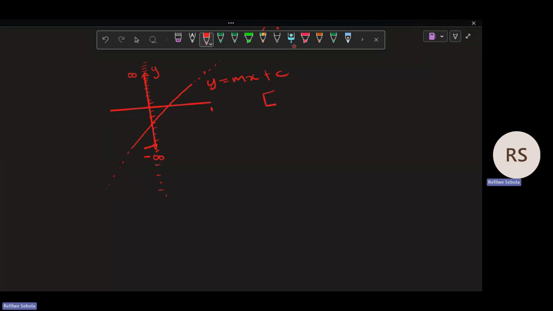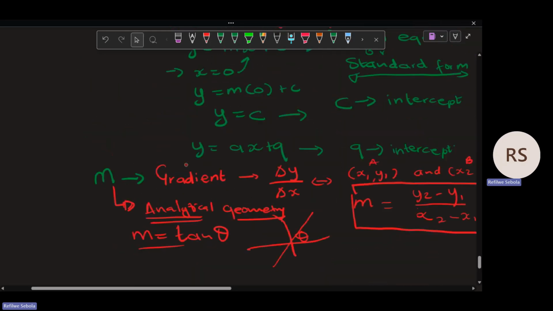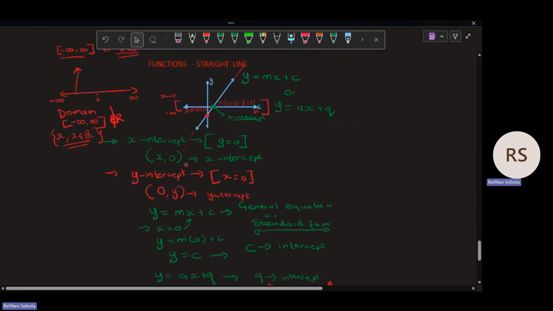Or we can just say y is an element of real numbers. That is what we call the range for our straight line. We have to know that in order to answer any question on our straight line. These are the main concepts about our straight line.